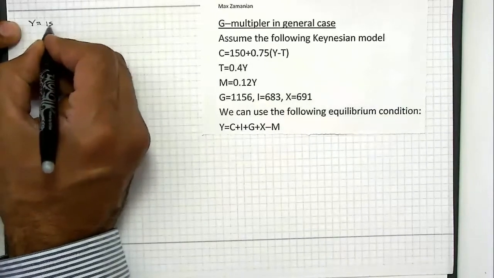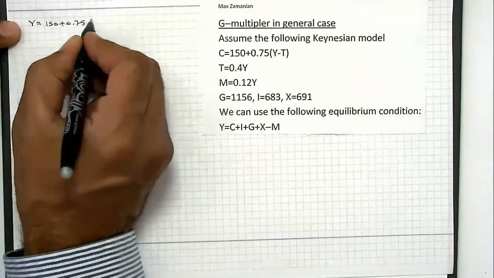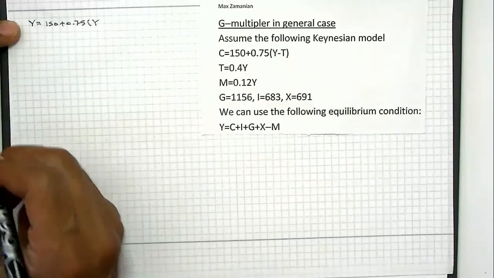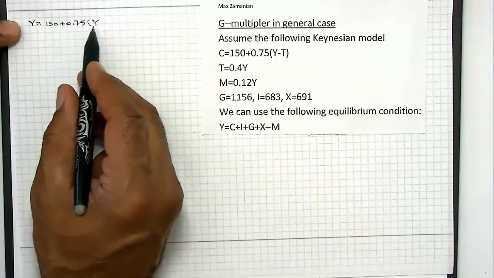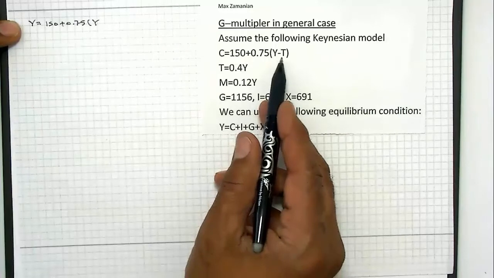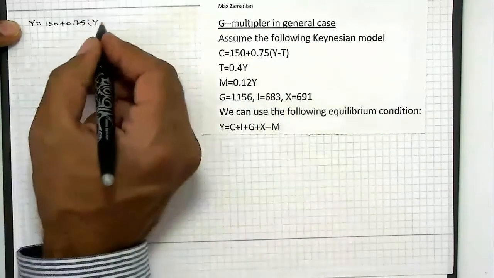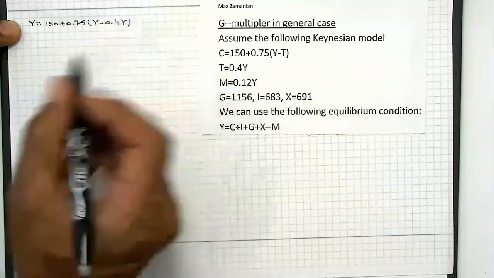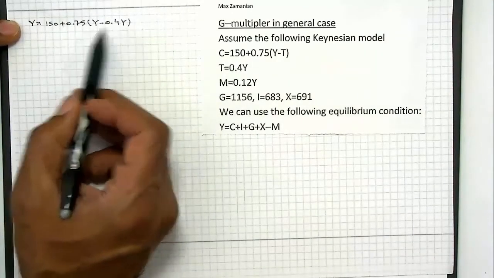So 150 plus 0.75 times (y minus t). Instead of t, I can replace t with its function here, so it's minus 0.4y. The reason is that I don't want to have this t, I want to have y.